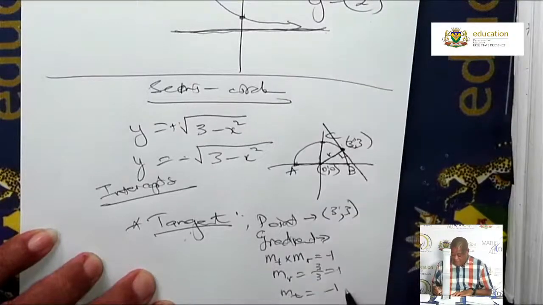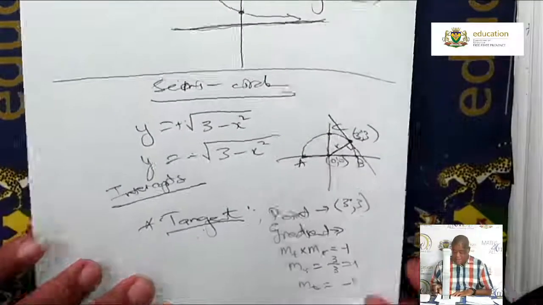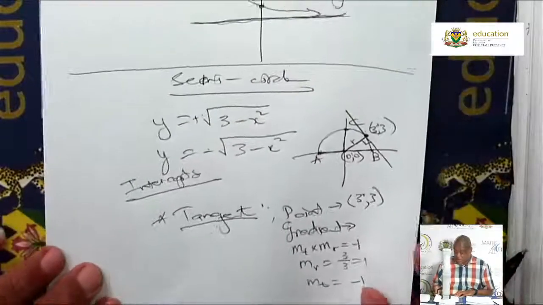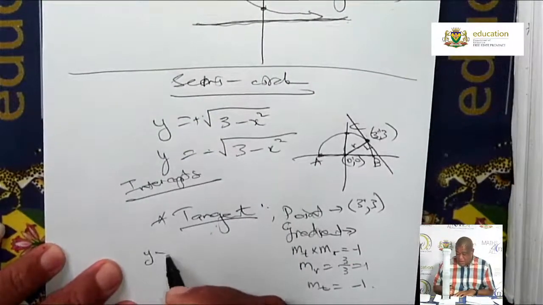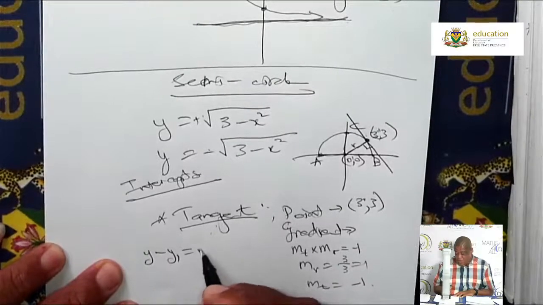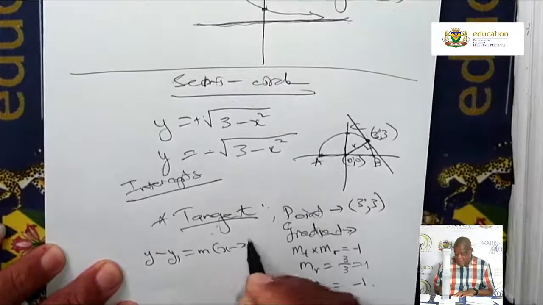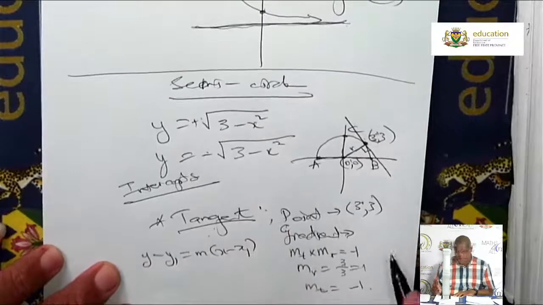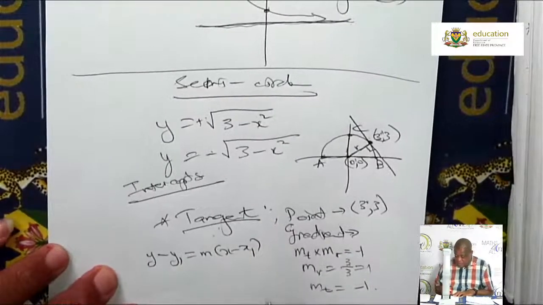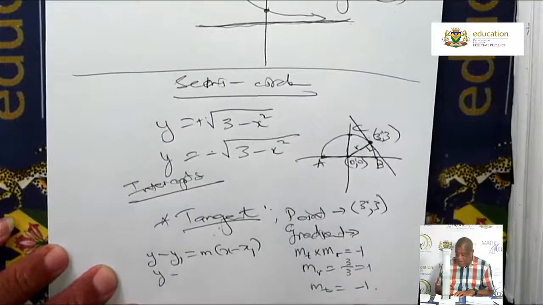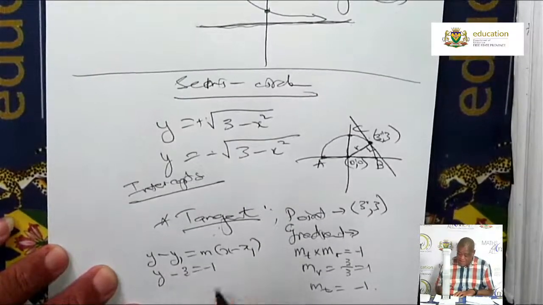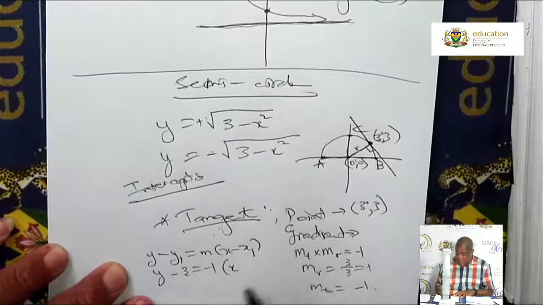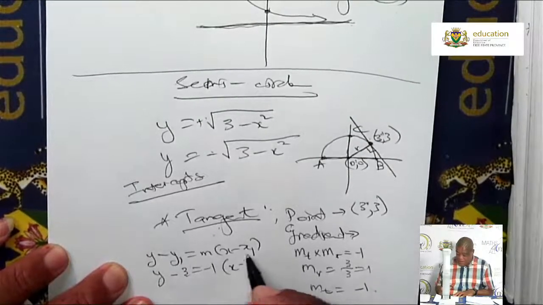Now we have the gradient and we have a point. It's easy for us to get the equation, which we can do using y minus y1 equals m into x minus x1, or somebody can use y equals mx plus c and do the substitution. So y minus y1, where y1 is 3, equals the gradient, which is minus 1, times x minus x1, where x1 is another 3.